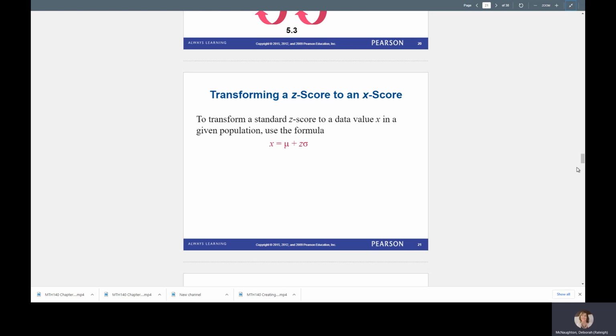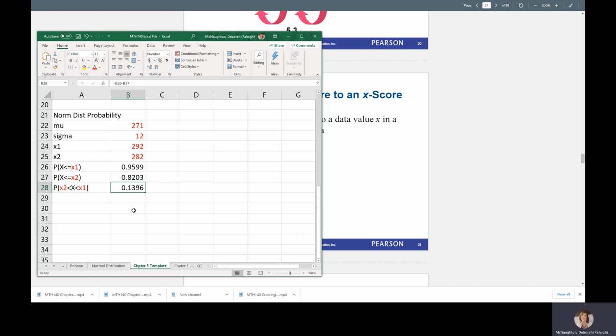Okay, so that's the first part that we need. And we can go ahead and put that into our Excel spreadsheet. So x equals mu plus z times sigma.